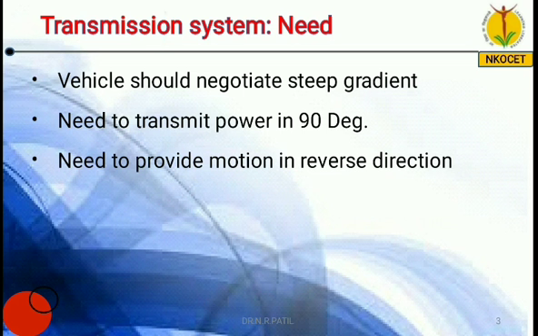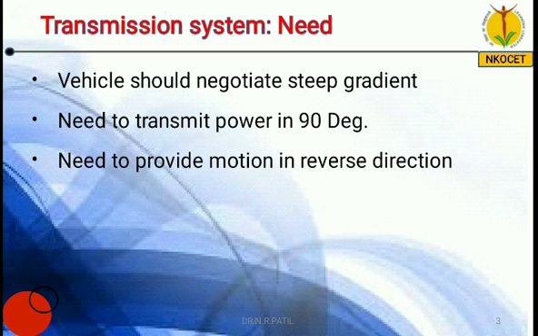The first need is vehicle should negotiate gradient. So friends, you know, when you ride a bike on a road, the road is having gradient. The gradient is steep when you drive your vehicle through ghat section. So in the ghat section you will find steep gradient. And then who will help to negotiate steep gradient? Definitely gearbox is there. So whenever you want to negotiate steep gradient, what do we do?